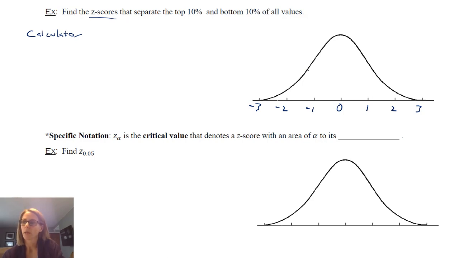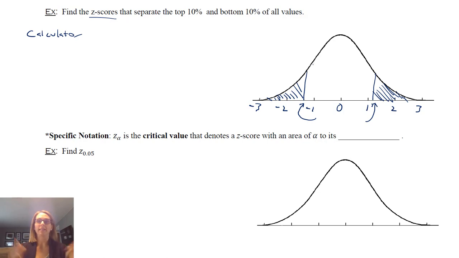So remember, the idea here is thinking about where these values are going to sit. If you're going to talk about the bottom 10%, you're down here somewhere. And if you're talking about the top 10%, you're talking about something over here. And your job is to find what this value is and what this value is.